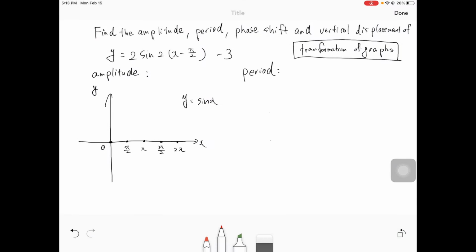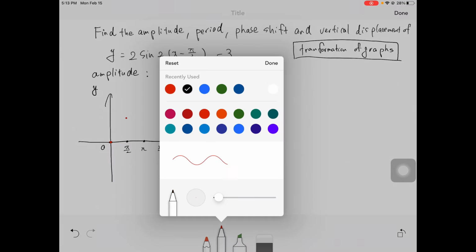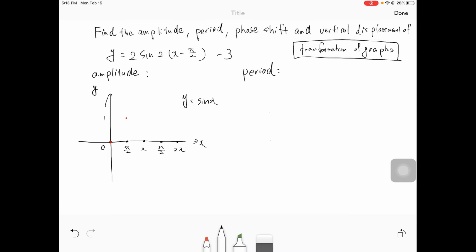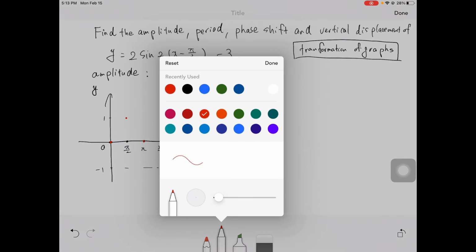When x equals 0, sine 0 is 0. Sine pi over 2 is 1. Sine pi is 0. Sine 3 pi over 2 is negative 1. Sine 2 pi is 0. So dots are like that.